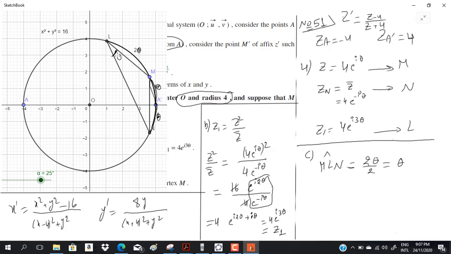So this angle is equal to theta. And this angle MNL equals the opposite arc. The argument of L is 3 theta. From A prime to M is theta, so from M to L you have 2 theta. 2 theta over 2 is also theta. And this angle is equal to theta. The two angles at the base are equal. So MLN is an isosceles triangle. Thank you all.